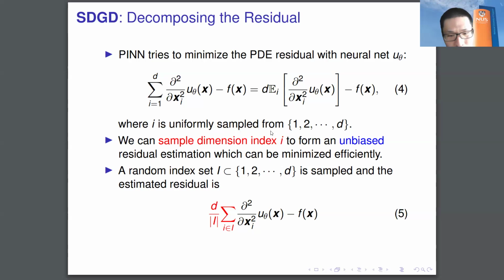You can see that instead of estimating the residual from all dimensions, we only estimate the residual via part of the dimensions. So we can control the size of index set I to make the residual estimation much cheaper. And we know that the estimation in equation 5, in expectation over the index set I, is the exact residual.